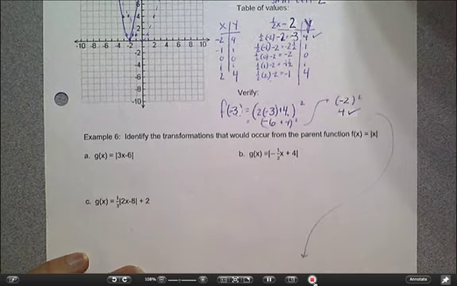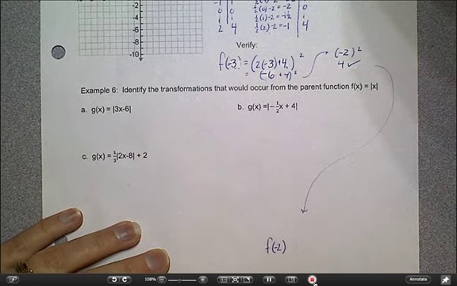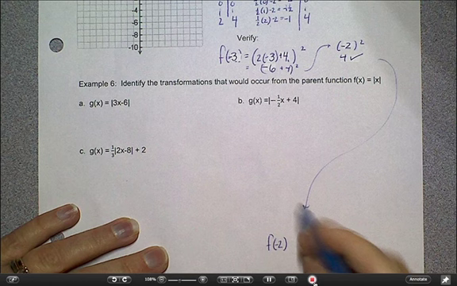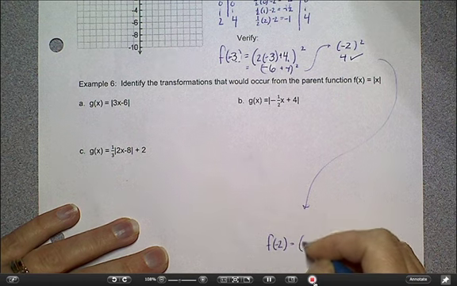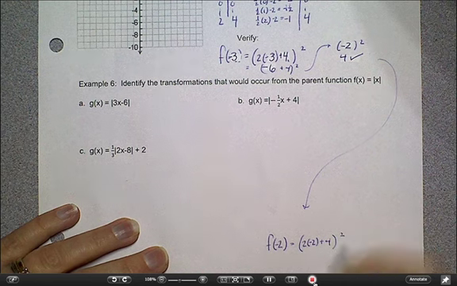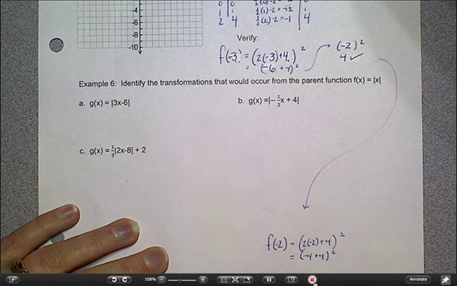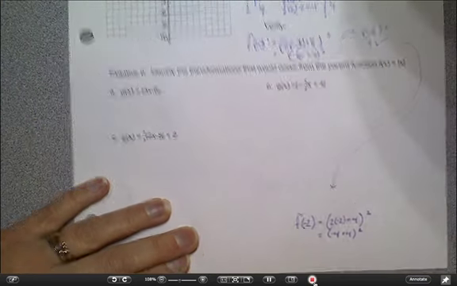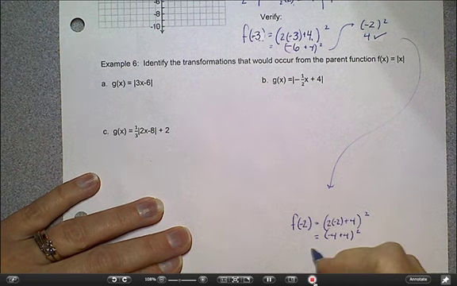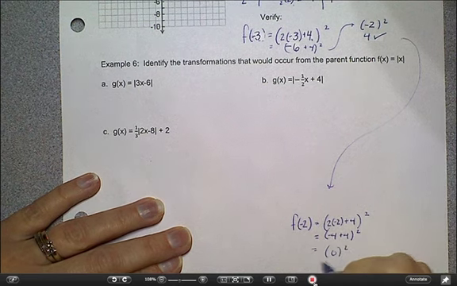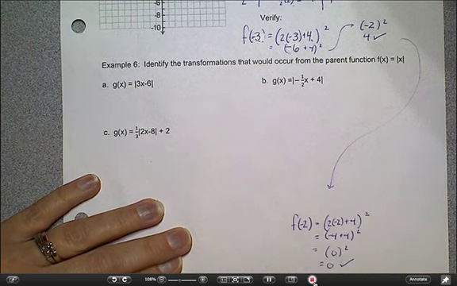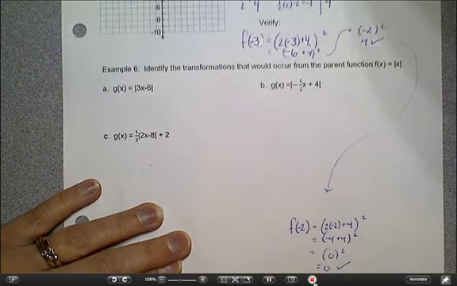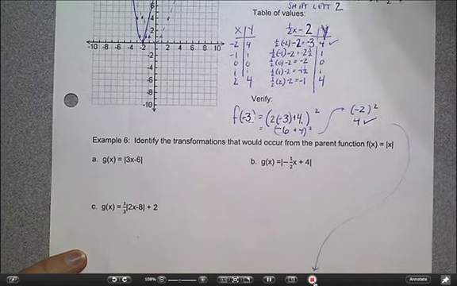So if I plug in -2, again, I'm going to go back to the original function and do 2 times -2 plus 4 squared. 2 times -2 is -4 plus 4 squared. That's going to give us 0 squared, which is 0. Which is what we said in the table of values based on our transformations.